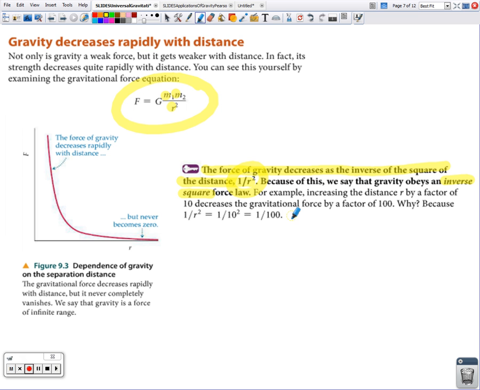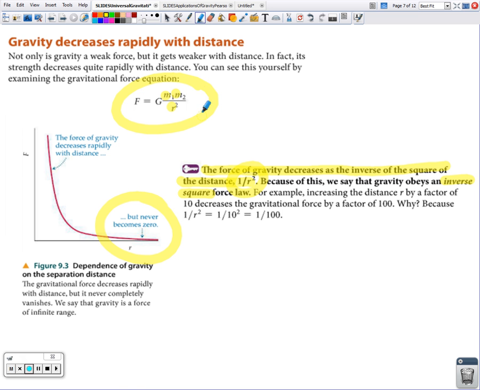We also talked about the idea that mathematically, what kind of relationship are we looking at? It's an asymptotic relationship. Meaning that as we get farther and farther, as r gets bigger on the x-axis, F gets smaller and smaller. That's the inverse part. But it will never hit 0.